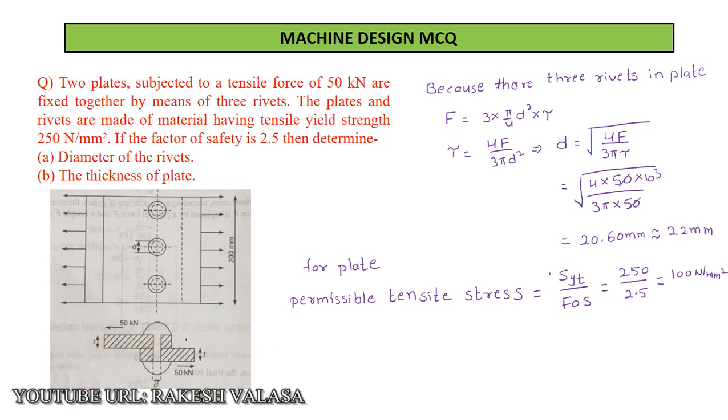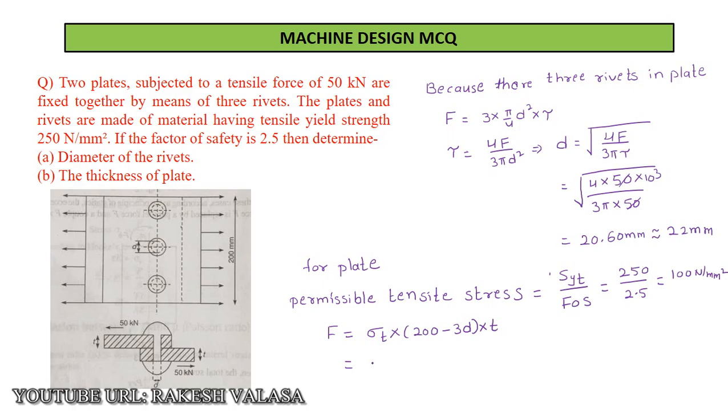Now write the equation for permissible tensile force. F equal to sigma T, permissible tensile stress, into total length 200 minus the diameters of 3 rivets, that is 3 into d, into thickness t. Now substitute the values here.